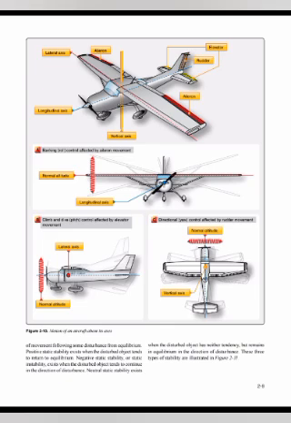Negative static stability, or static instability, exists when the disturbed object tends to continue in the direction of disturbance. Neutral static stability exists when the disturbed object has neither tendency, but remains in equilibrium in the direction of disturbance. These three types of stability are illustrated in Figure 2.11.